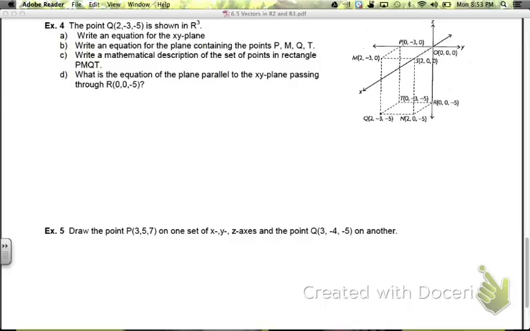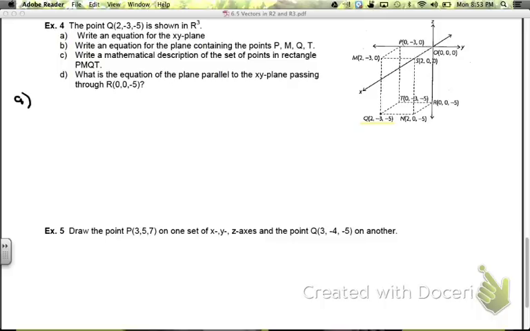For our next example, the point Q, which is located at 2, -3, -5, is shown in R3. So I can highlight here that Q is 2, -3, -5. Now, in part A, we want to write an equation for the xy plane.